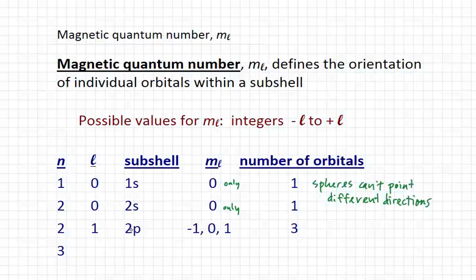Since a p orbital could be centered on one axis, the directions of those p orbitals would be one left-right, one front-back, and one up-down. It's the x, y, and z of the 3-coordinate axis system.